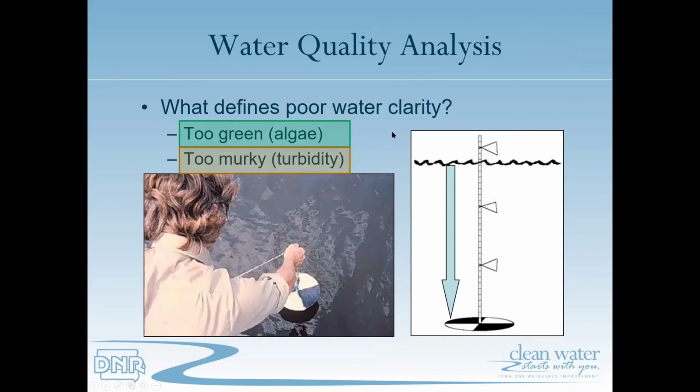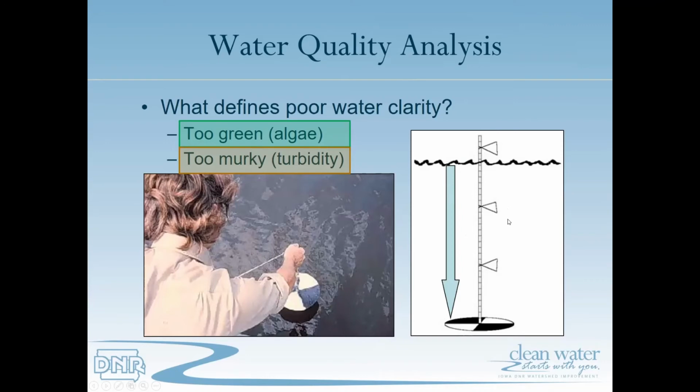And how we determine that, one of the tests that we do when we're out there on the boat is we use this tool called a Secchi disc. The Secchi disc has alternating quadrants of black and white that is attached to a tape measure rule that is lowered into the water. So if you can imagine this Secchi disc being lowered into the water, gradually you're not going to be able to see it anymore, depending on if it's too green, too murky, or whatever.